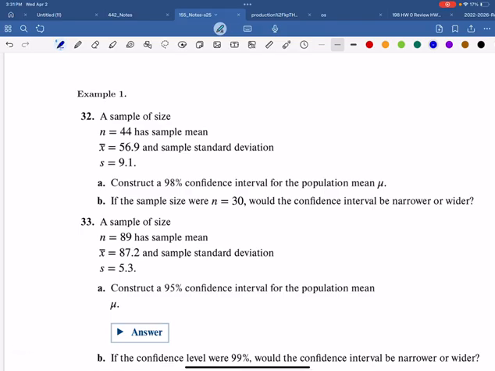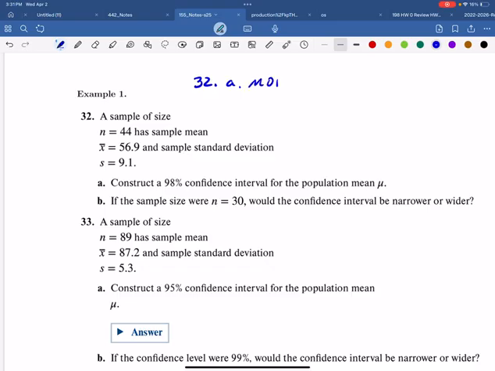All right, let me do number 32 by hand using the chart, and then all the others I'll do with Minitab. It's nice that they don't even give a word problem. They just give us the data, right? No need to parse anything, no need to interpret anything. So construct a 98% confidence interval. So if we're not using Minitab, we just want to calculate the margin of error by hand, and then add and subtract it from the point estimate x bar.